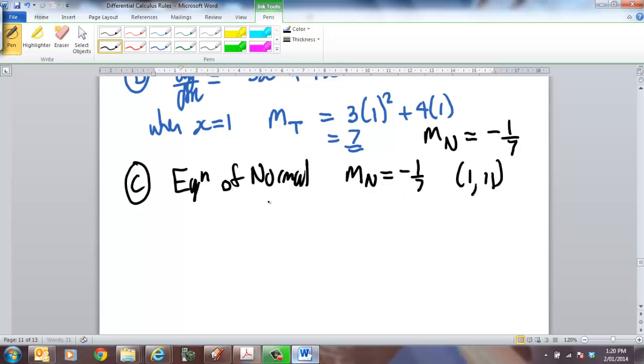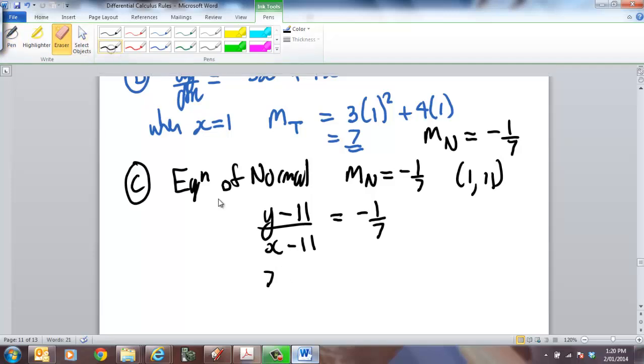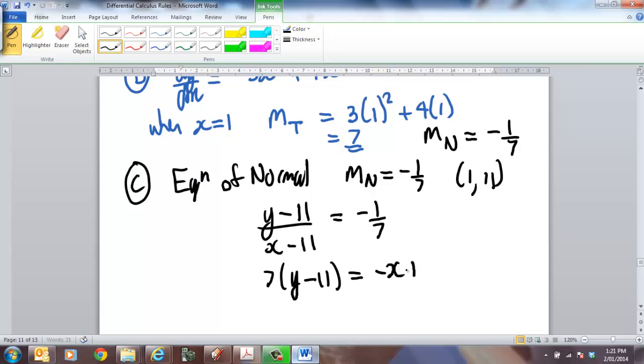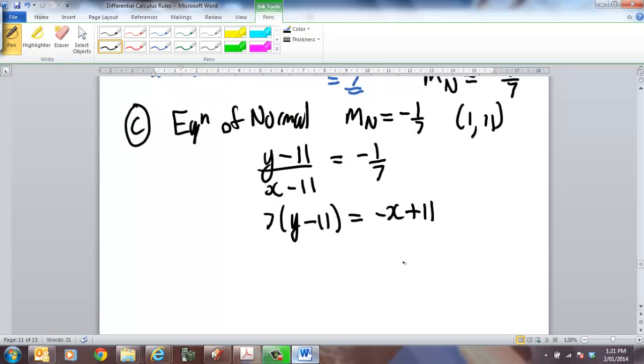Now it's just a matter of using our formula. So (y - 11) over (x - 1) is equal to minus 1 over 7. Cross multiplying here, 7y minus 77 equals negative x plus 1. So I could multiply that out straight away: 7y minus 77 equals negative x plus 1.